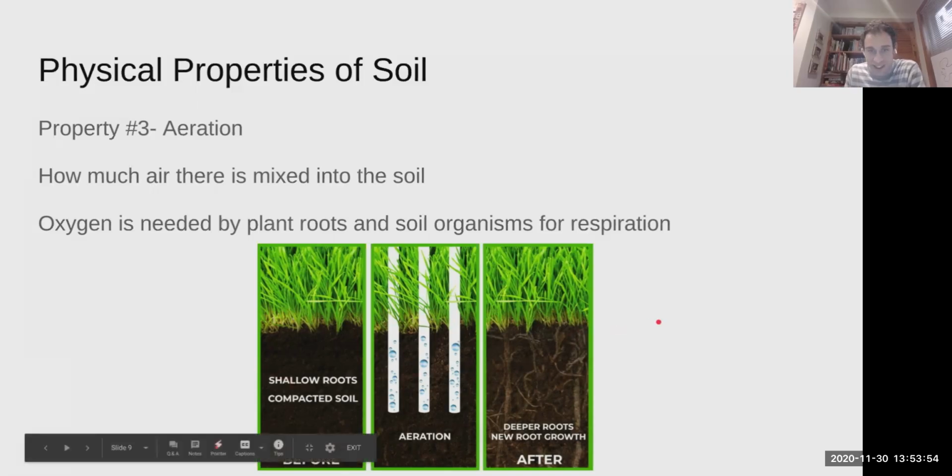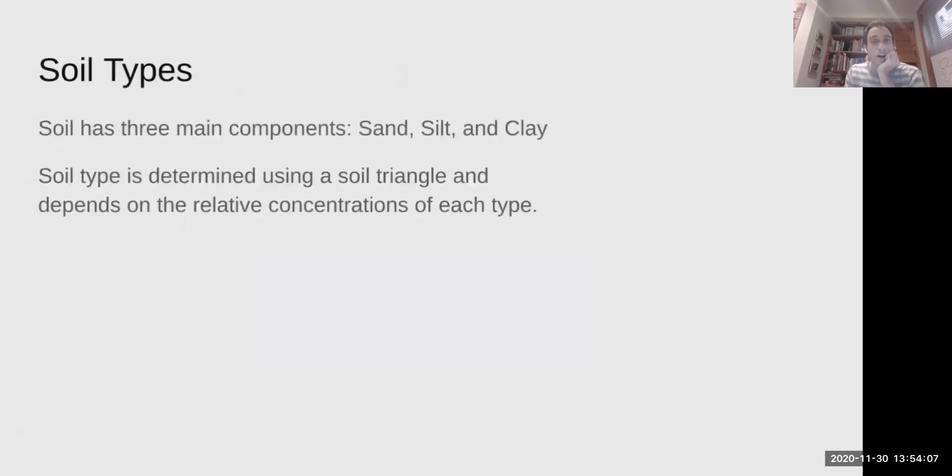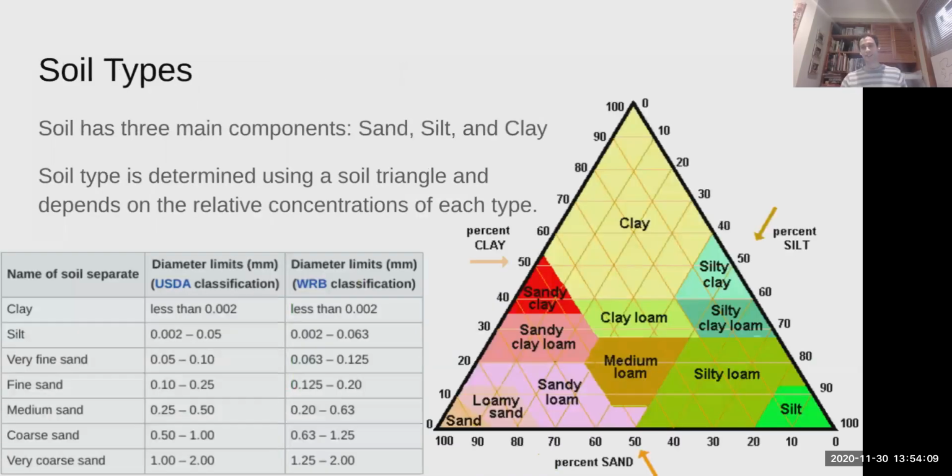So aeration is another one. If it's not aerated enough, it's too compacted, and the roots won't be able to thrive, and the organisms won't be able to thrive either because of lack of oxygen. So those are our physical properties.